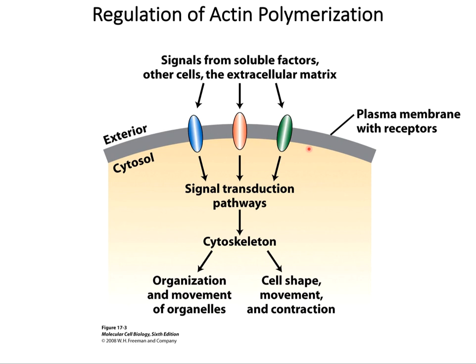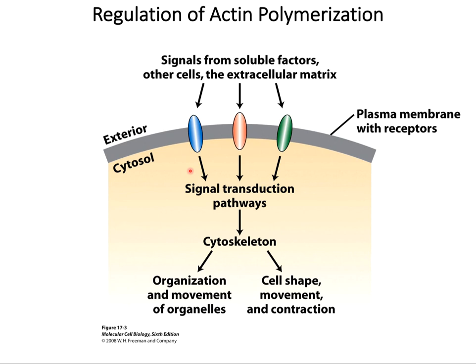All of these signals act through signal transduction pathways to regulate the actin polymerization in the cell, and recruit the actin cytoskeleton for motility and for changes in the cell shape. So these signals are usually received at the cell surface by the plasma membrane receptors and propagate within the cell through signal transduction pathways and communicate the signal to the cytoskeleton.